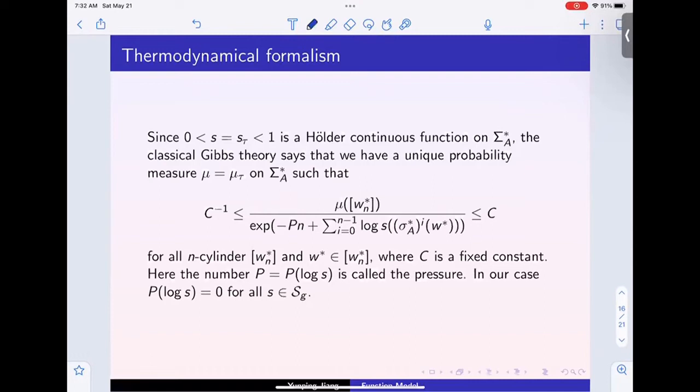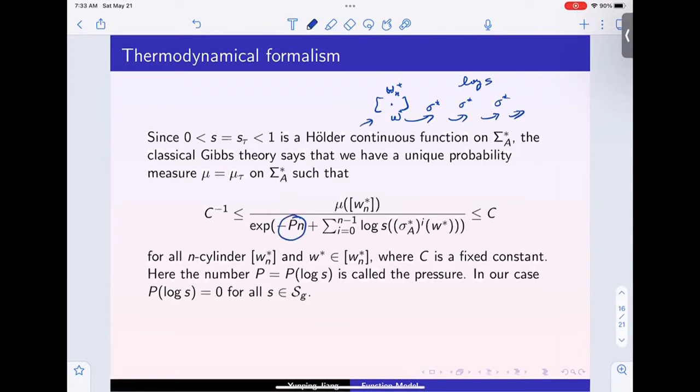If you think of the orbit, here you have W, a block, a cylinder. Then W will be mapped by sigma to a lot of things, and we take a sigma star here, so I have an image. On each point you have a so-called observation, the log S. If you sum this observation, that's similar to a measure on this cylinder, but with a correction.